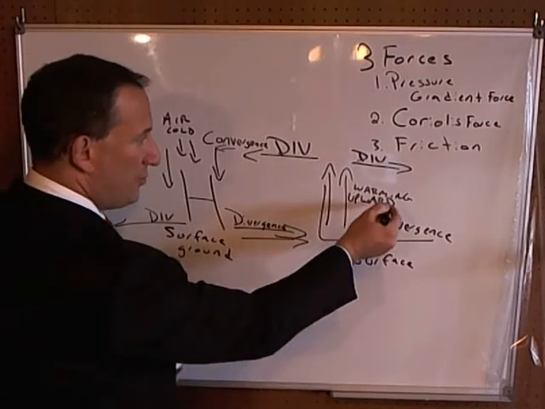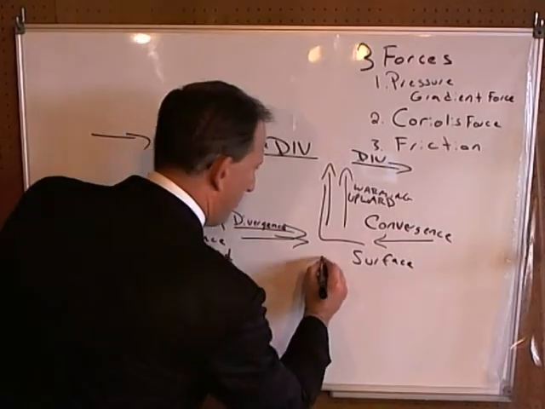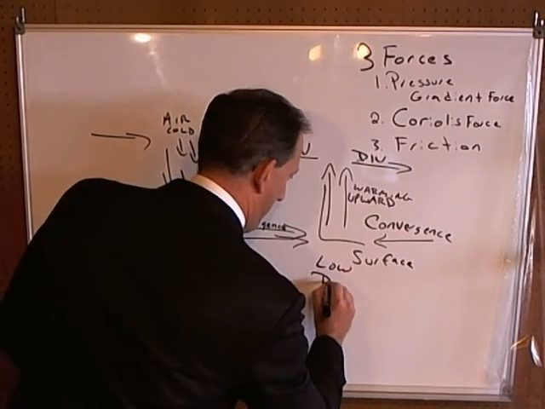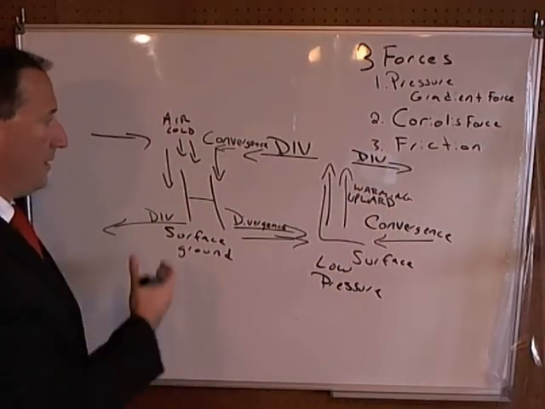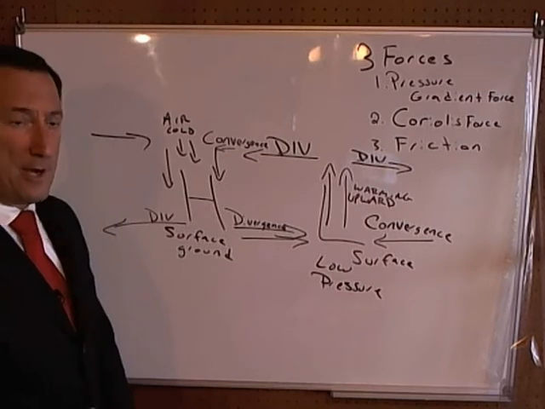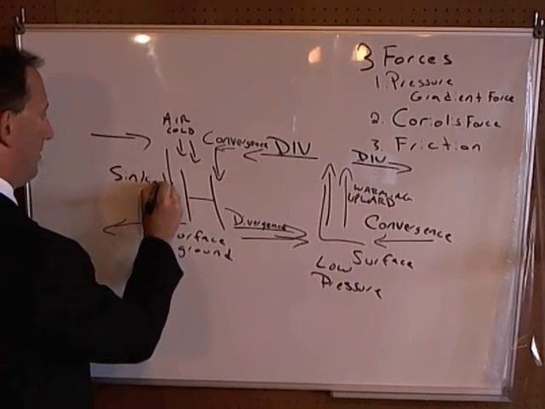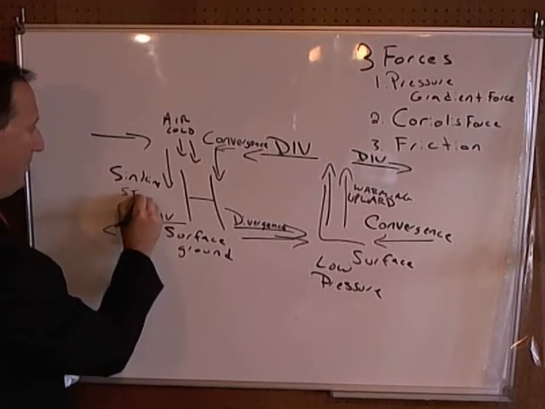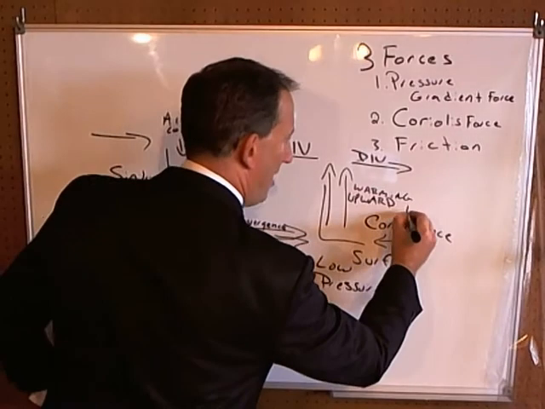Well, if that air parcel is warmer than the environment, air rises. That's low pressure. This is low pressure over here. Air rising upward. Air is colder than the environment above high pressure, so air is sinking. So this is going to be stable. High pressure is stable. Low pressure is unstable.